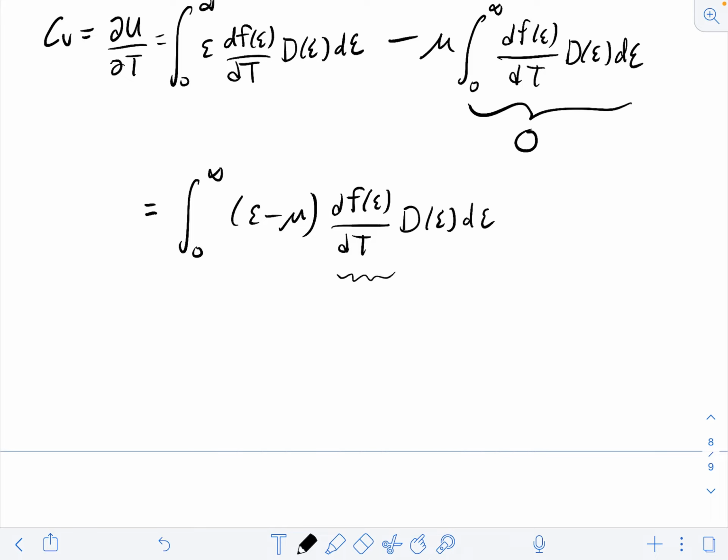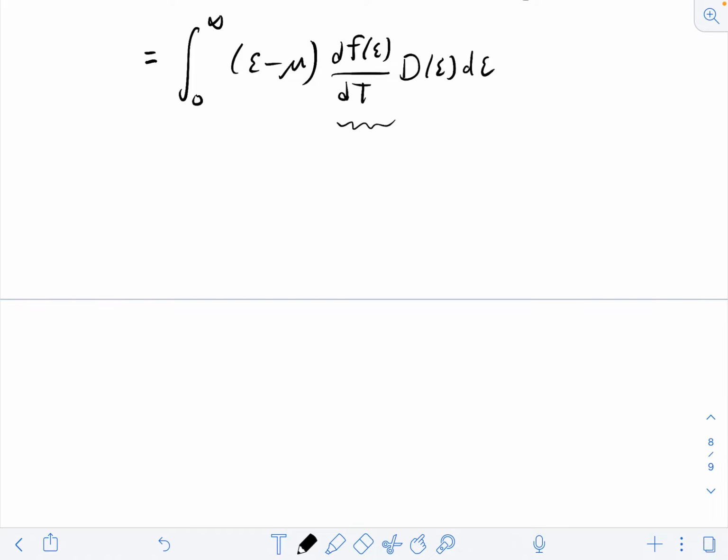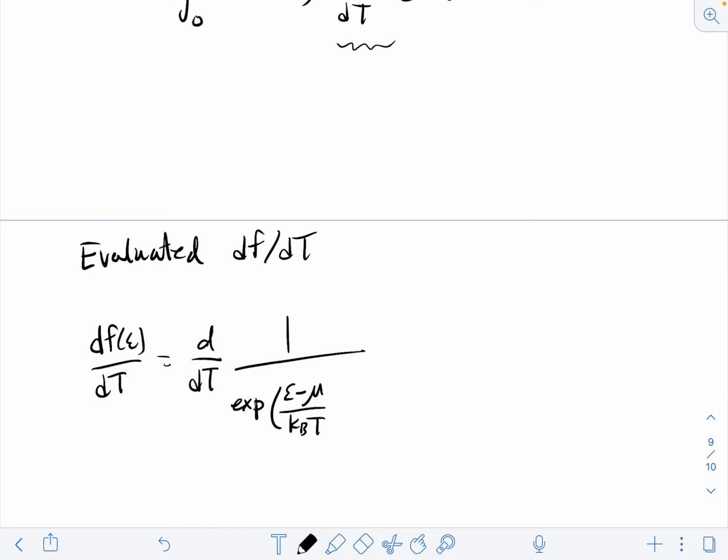We have a derivative of a distribution function, and we know what that distribution function looks like, and so we should be able to evaluate that derivative. So let's try to evaluate df/dT. Okay, so df of epsilon/dT is d/dT of 1 over the exponential of (epsilon minus mu) over k_B T, plus 1.